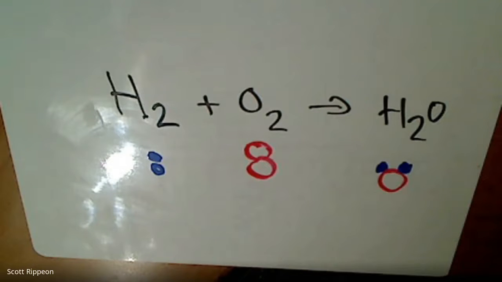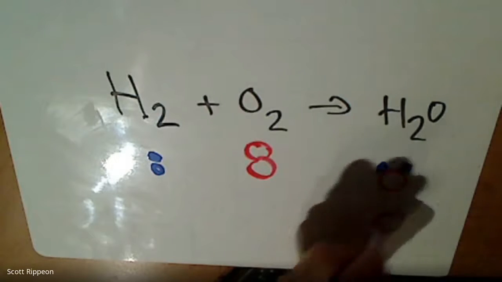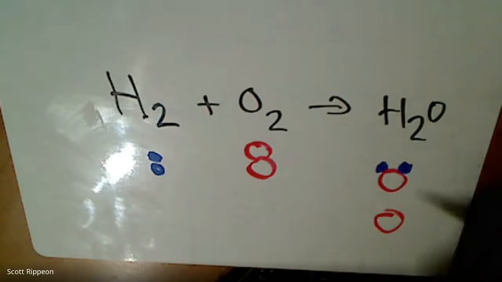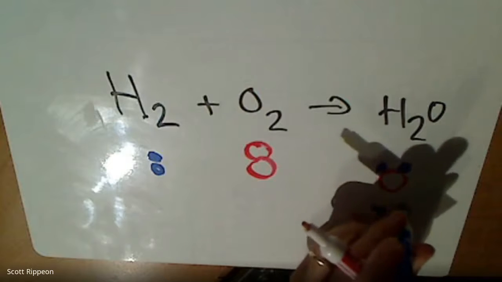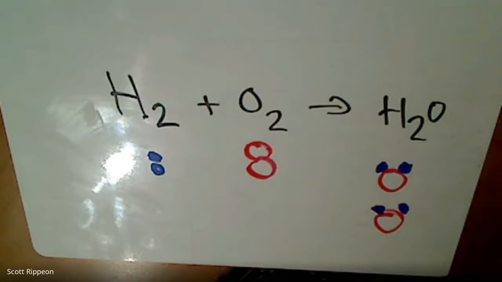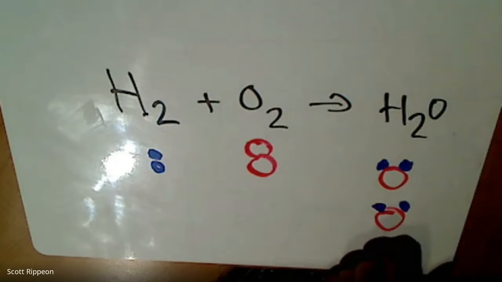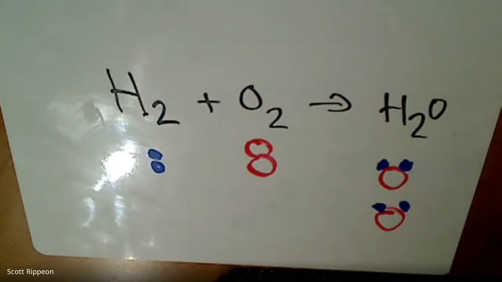So what we can do to make this work is we can say, rather than making 1 water, we're going to make 2 Mickey Mouse. Because from the 2 oxygen, we can make 2 waters. But how do we symbolize that?